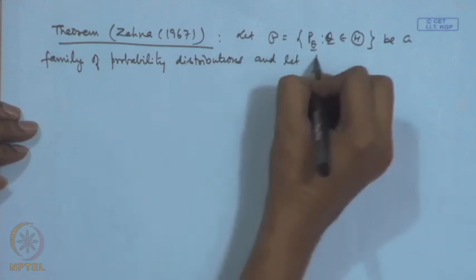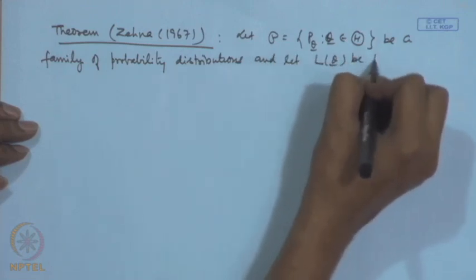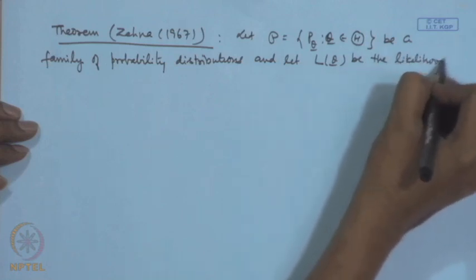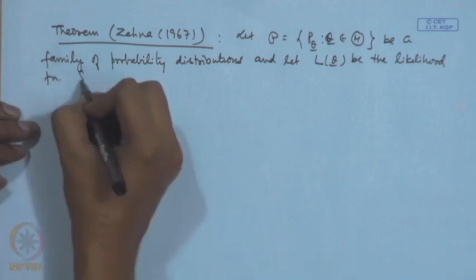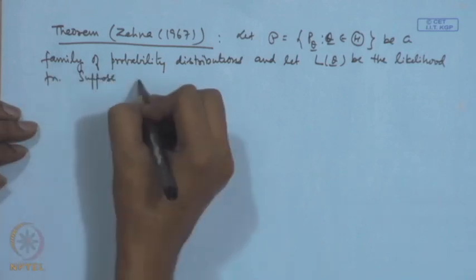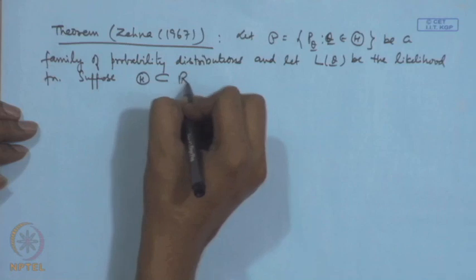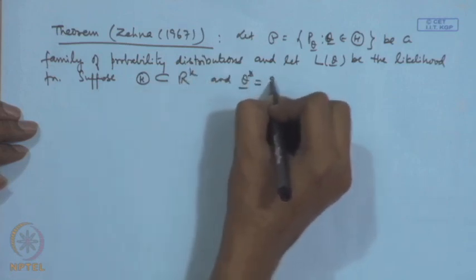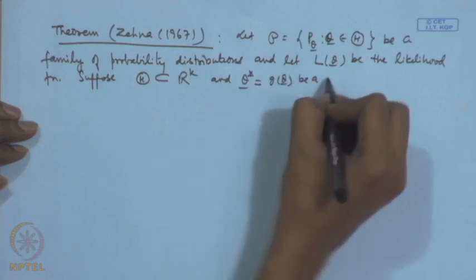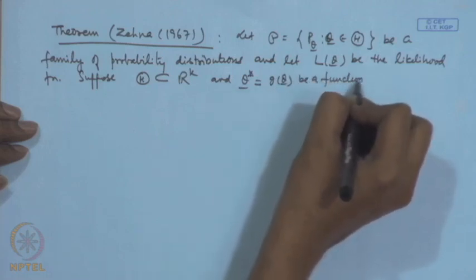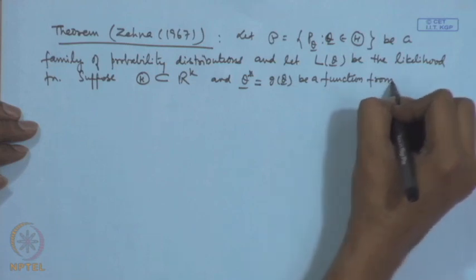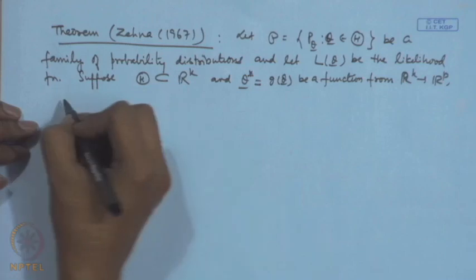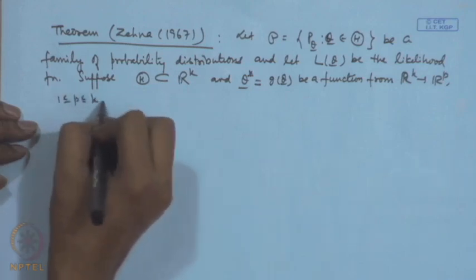and let L(theta) be the likelihood function. Suppose theta is a subset of k dimensional Euclidean space and g be a function from R^k to, say, R^p, where p will be less than or equal to k.